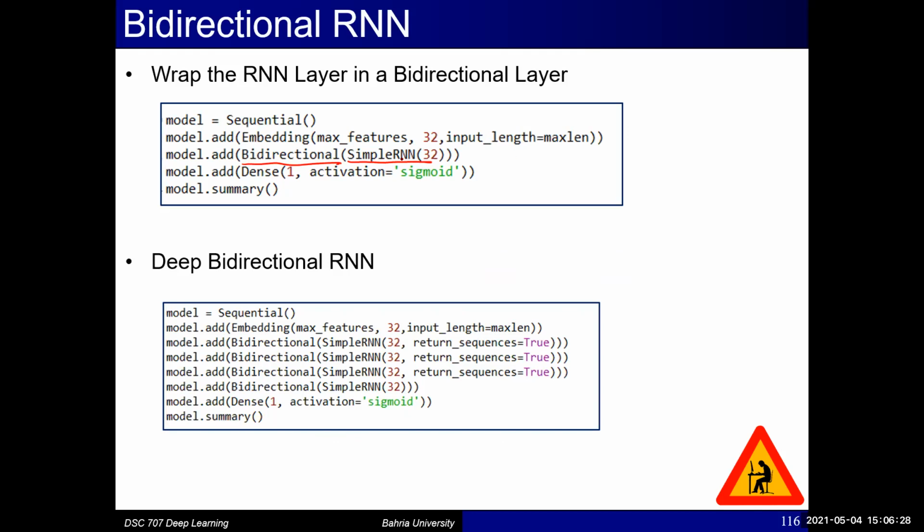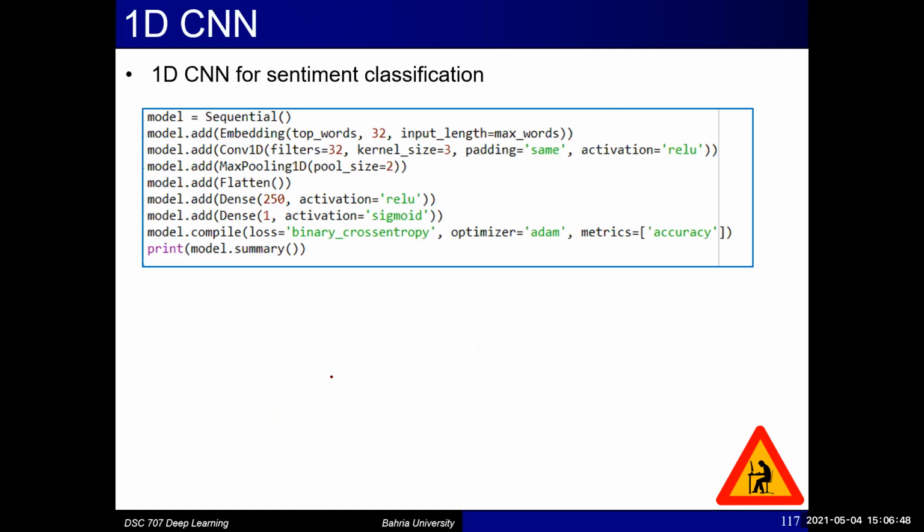You just use this simple RNN and wrap it in a bidirectional layer. So this is a simple bidirectional RNN, and this one is a deep bidirectional RNN. Exactly the same thing: we just wrap the RNN layer in a bidirectional layer. In some cases, this can help you achieve better performance.